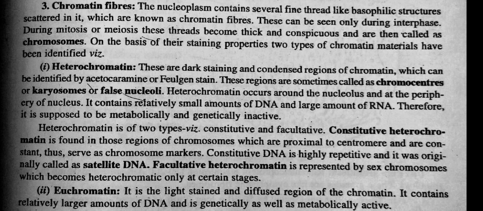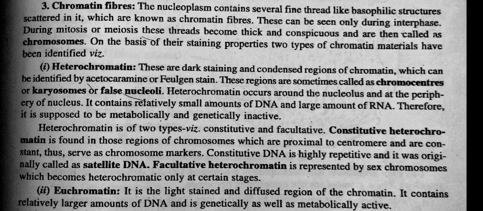On the basis of staining properties, two types of chromatin material have been identified as heterochromatin and euchromatin. Heterochromatin is dark staining and contains regions of chromatin which can be identified by acetocarmine or fuelgen stain.